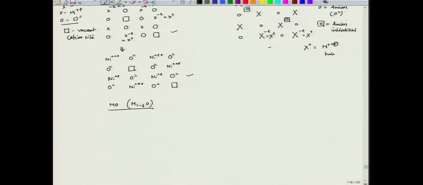Now, the diffusion is of course via vacant cation sites, and here the diffusion should be of the metal ion.